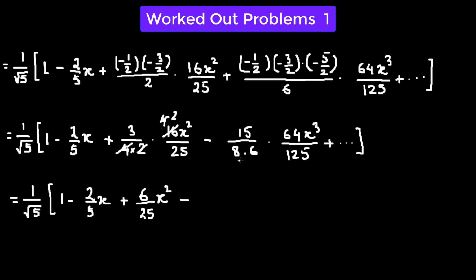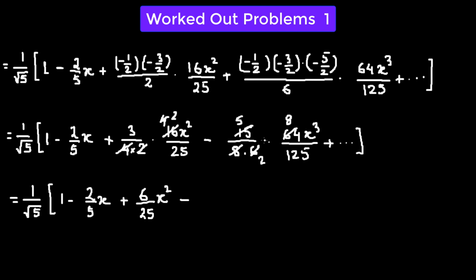minus, so we have 8, so 8 times 8 is 64. Then we have 15 here, and 15 and 6 are both divisible by 3, so 3 times 2 is 6, and 3 times 5 is 15.